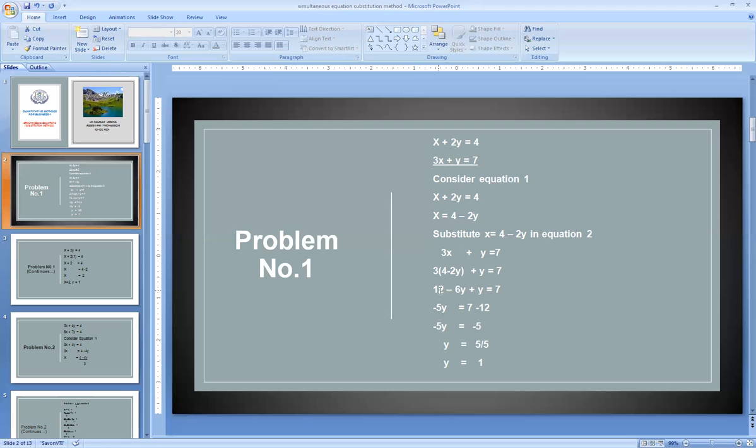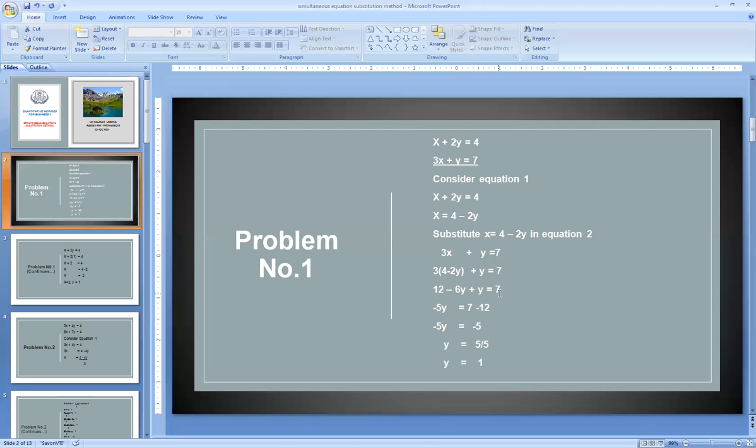Now on the left side there is one number and there are two y terms, minus 6y plus y, and on the right side there is one number. We have to find the value of y. So minus 6y plus y is minus 5y, and the numbers we shift to the right side.